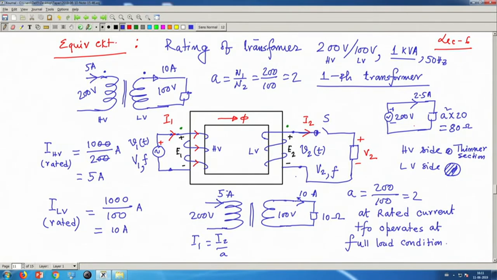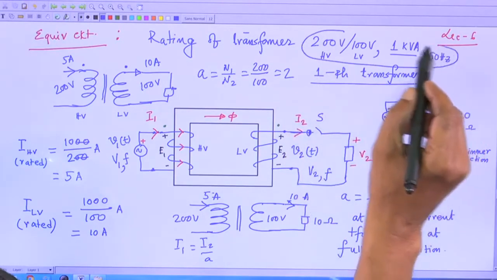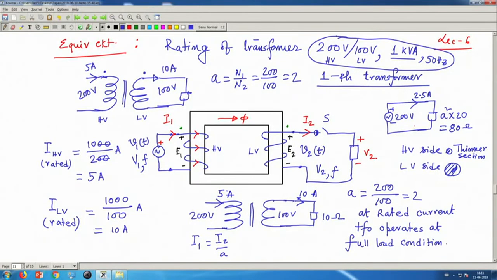So, what we have learned till now, we are still considering, mind you, ideal transformer. It does not matter, this is what happens, and based on that I told you about the ratings of the transformer, importance of KVA rating and voltage ratings.